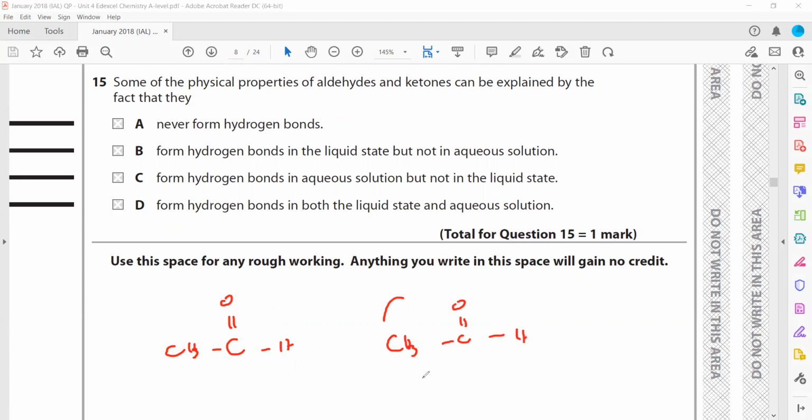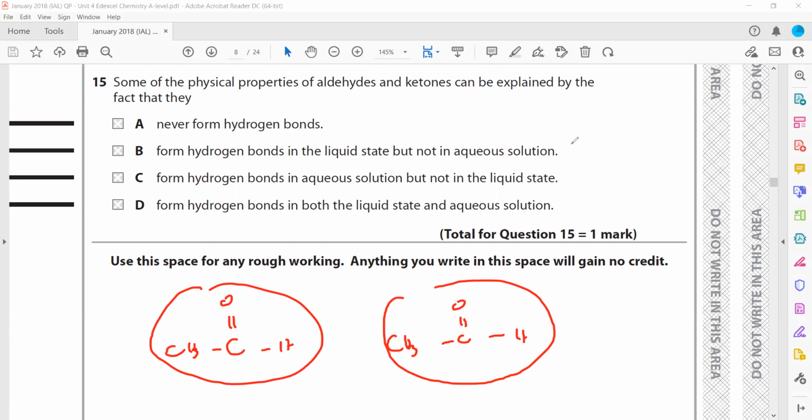To form a hydrogen bond, hydrogen must be attached directly with the most electronegative element, such as nitrogen, oxygen, or fluorine. But in these examples, hydrogen is not directly attached to any of these. So they will have an interaction, but they cannot have a hydrogen bond between them.